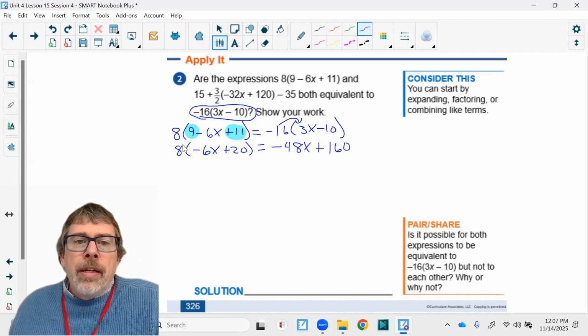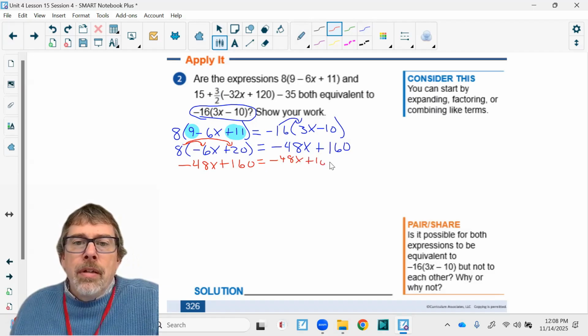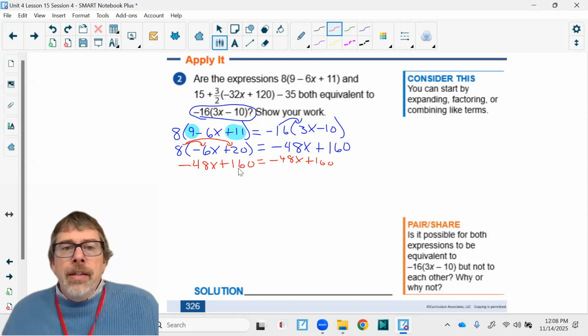Then I multiply and distribute here. So I'm going to take 8 times a negative. Positive times a negative is negative. 6 times 8 is 48x. 8 positive times 20 positive is a positive 160. And as you can see, we have the same thing on both sides. So the first one is equivalent.